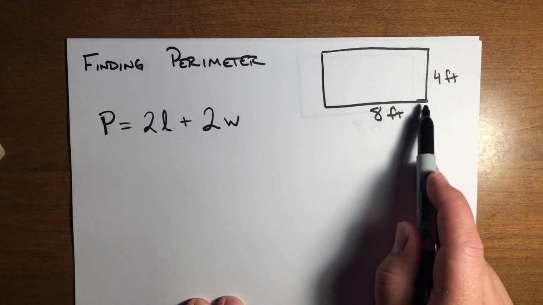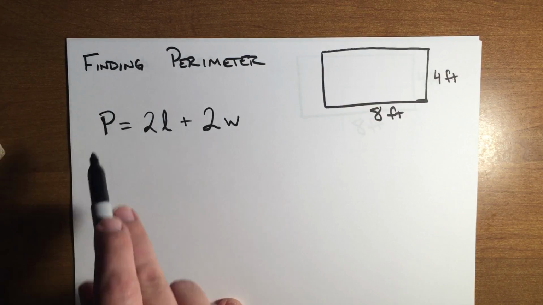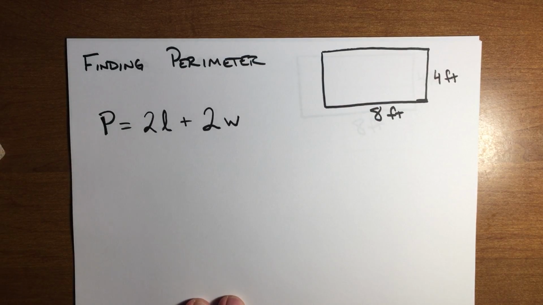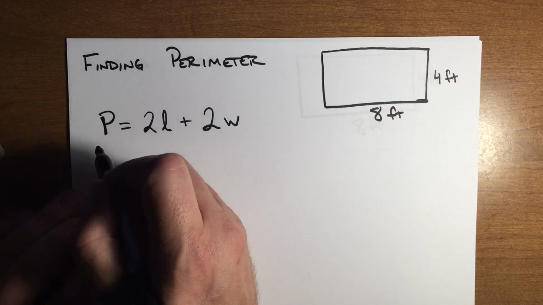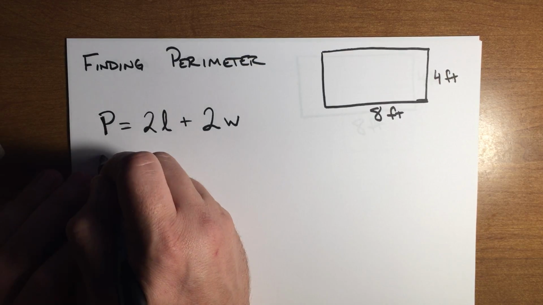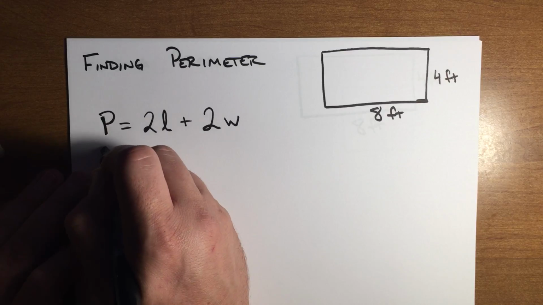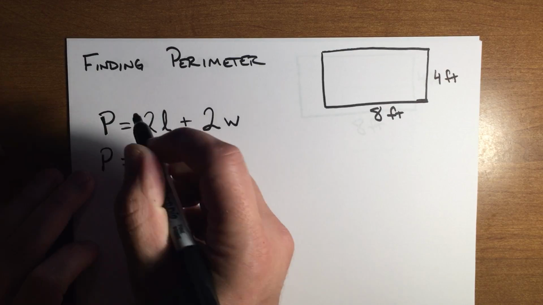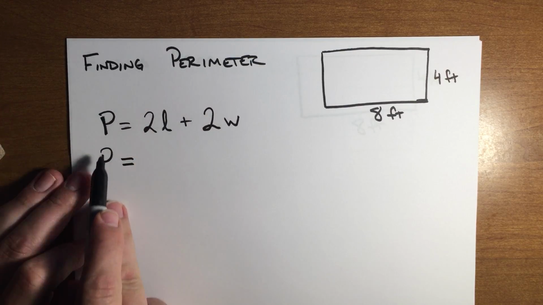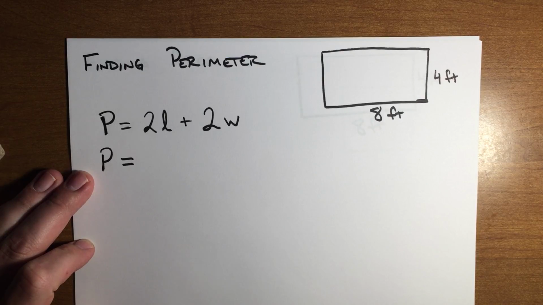I don't have my perimeter labeled, so my perimeter is obviously going to remain P. All right? And when I do my math, I want to make sure that I keep my equal signs lined up. I want to keep as many of these pieces lined up as I can so that it's very easy for me to go back and check my work.